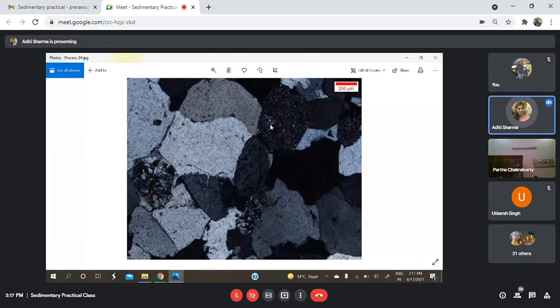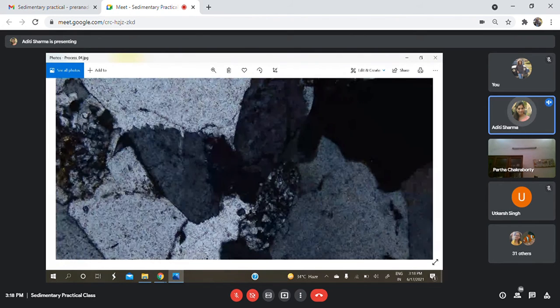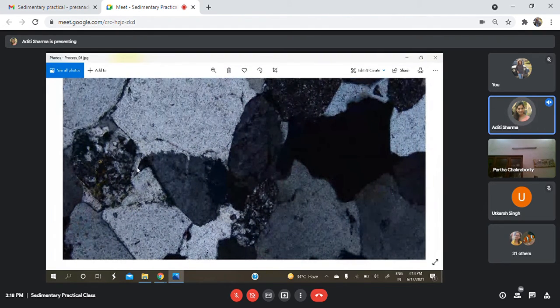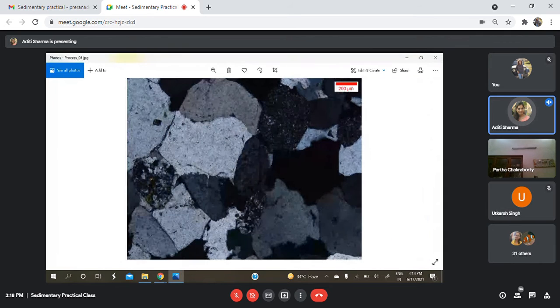This is the chert grain, which is cryptocrystalline silica, a very fine grained rock in which you cannot identify the grains even under the microscope. So this is the chert fragment. Here you can see some grains are visible but not very clear, so this is a kind of rock fragment. This is another rock fragment here, and the contact between different quartz grains is sometimes long and sometimes concave or convex.